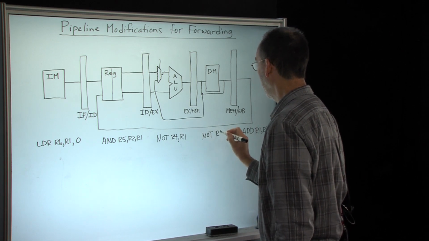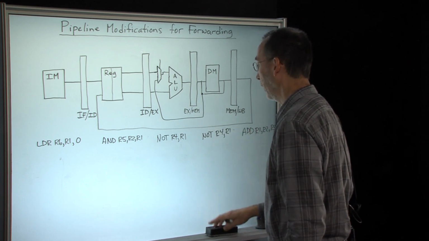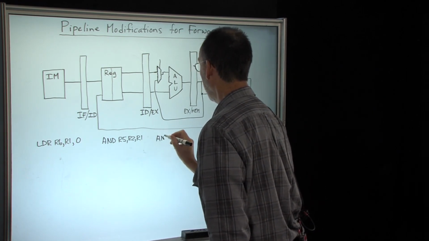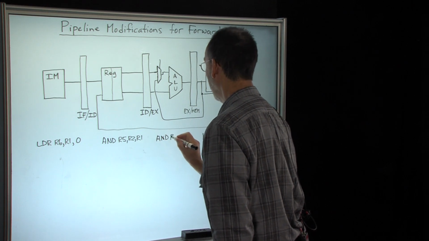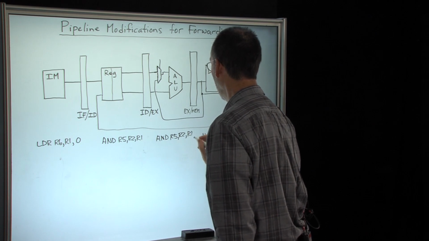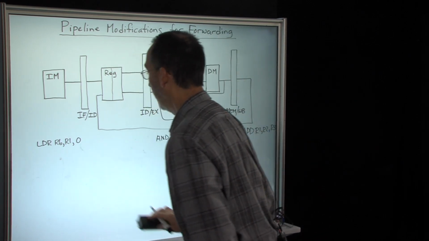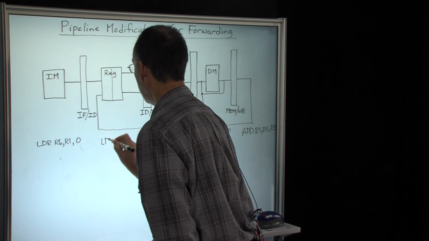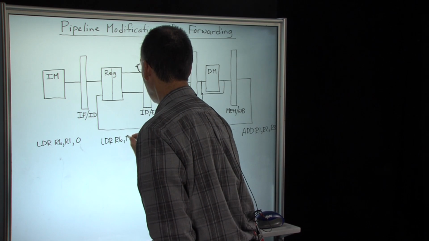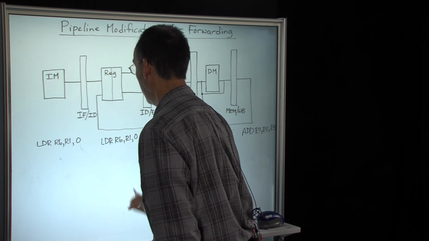We have NOT R4, R1. The AND has moved here. We have an AND R5, R2, R1. And our LDR now has moved into the decode stage. We have LDR, R6, R1, 0.